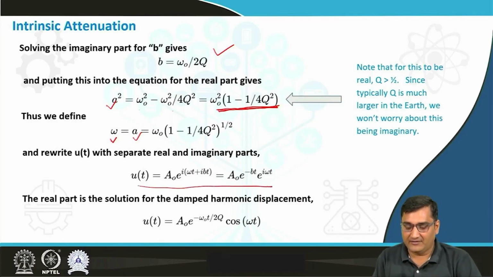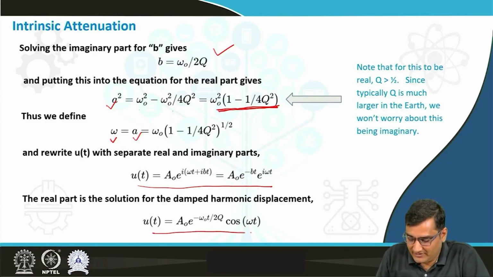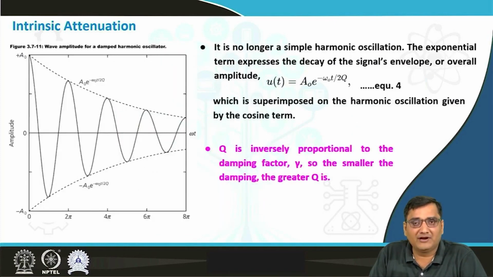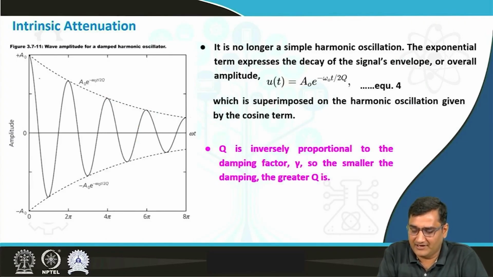And when we separate the real part of this solution for the damped harmonic displacement, it will become something like this. So if we draw this displacement onto a graph, it may look something like this, which will be decaying as the exponential term.